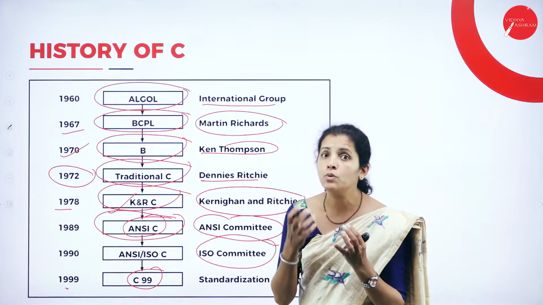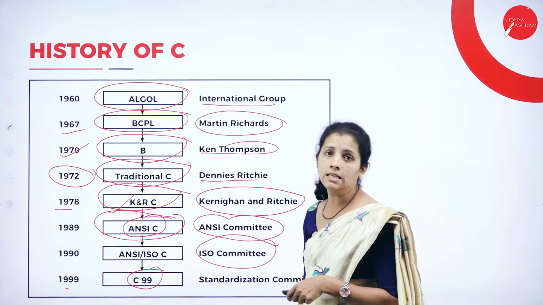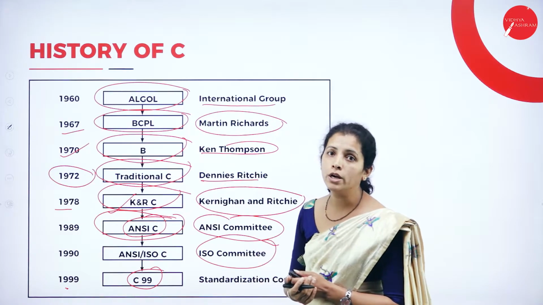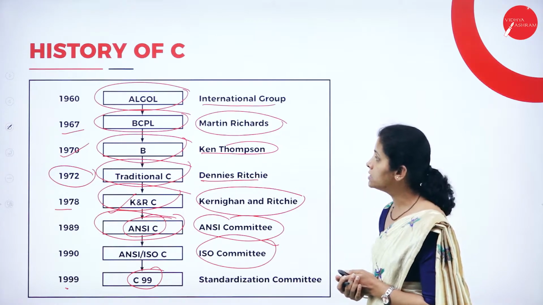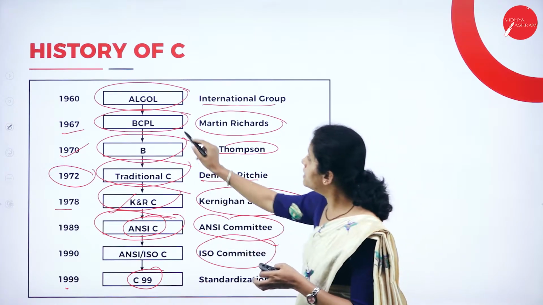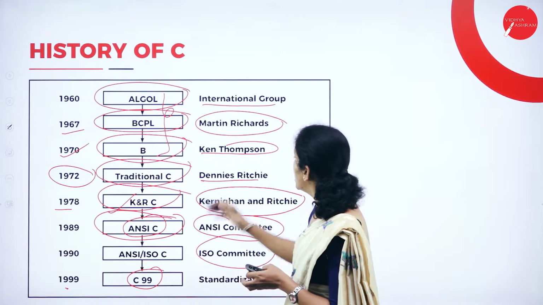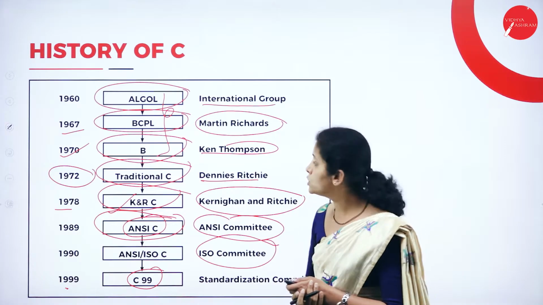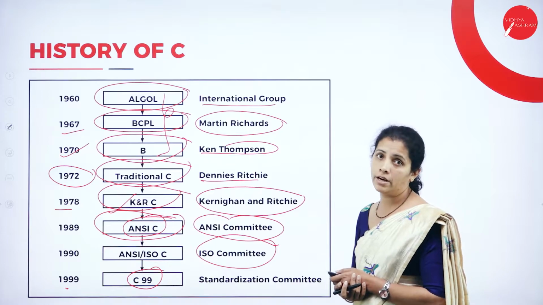So the actual origin of C programming started in the year 1960. That means in the year 1960 we had the ALGOL programming language, and to overcome the disadvantages of these three programming languages, Dennis Ritchie started a new programming language known as traditional C in the year 1972.